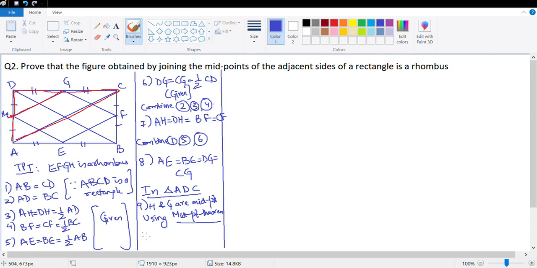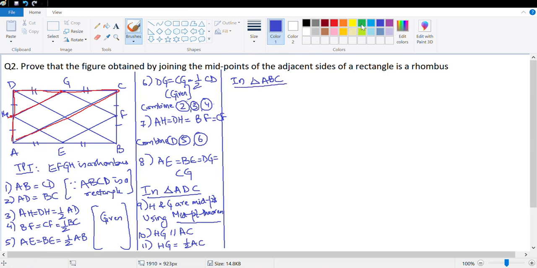In an exam, you will definitely write it as midpoint theorem. So what I get is HG is parallel to AC, and HG is equal to half AC. Perfect. Let's look at the next one. So now we look at the other triangle, which is triangle ABC.